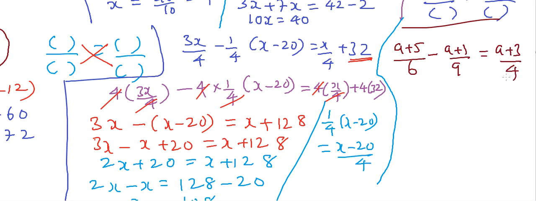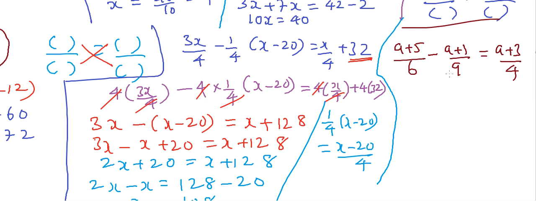So again this involves fractions, so let's multiply each term on either side of the equation by the LCM of the denominators. The denominators are 6, 9 and 4.